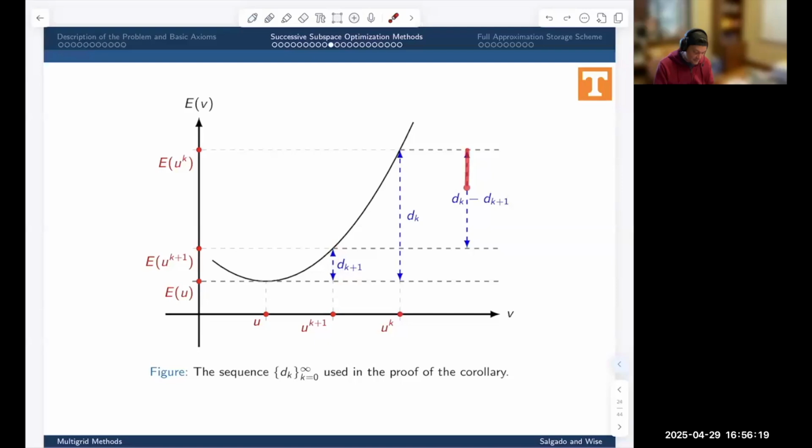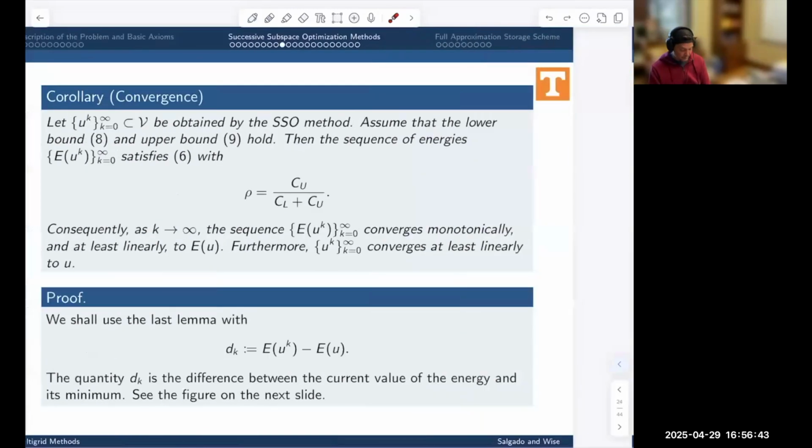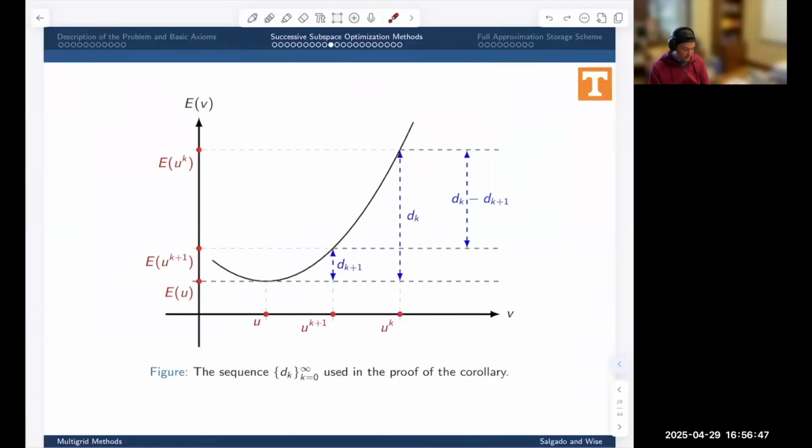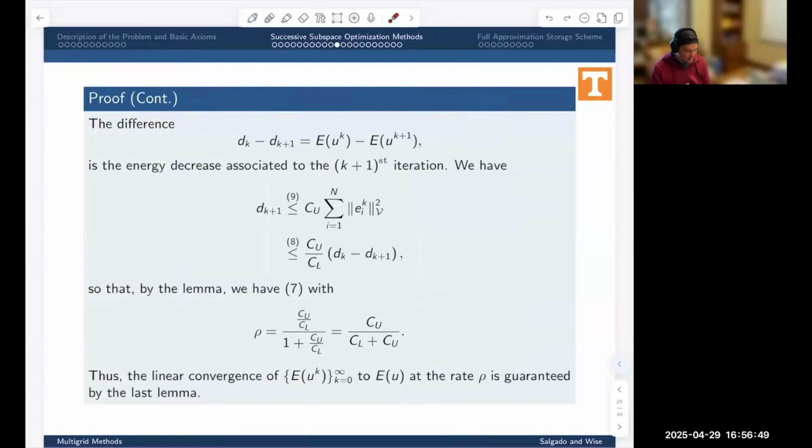The difference of these two values is what we call d_k minus d_{k+1}. This is a positive number, since d_k is bigger than d_{k+1}. That's the sequence of d_k's that we're going to use in our proof. So it's defined right there, and that's the figure to guide us, hopefully.